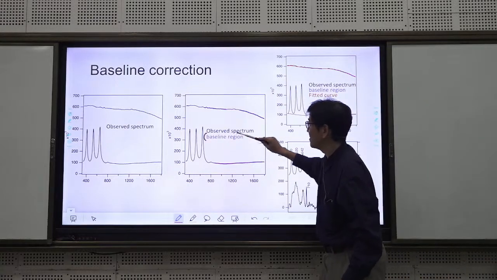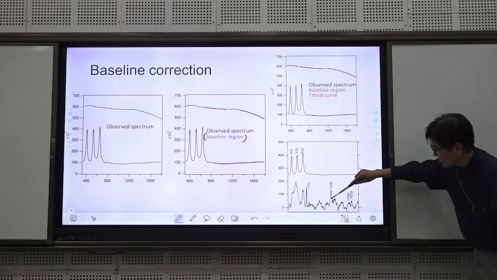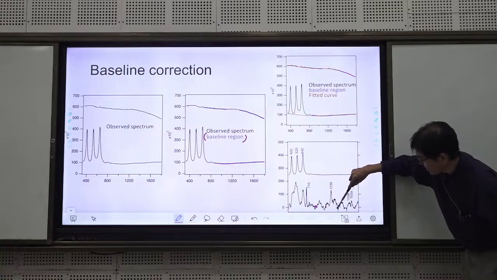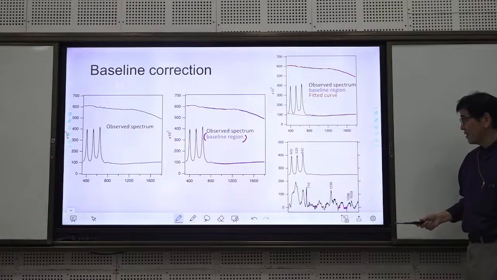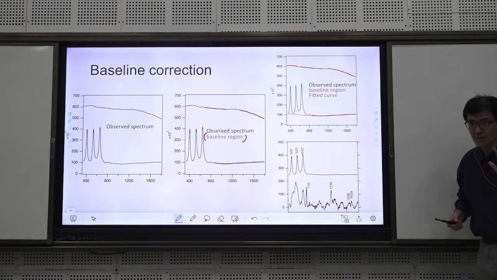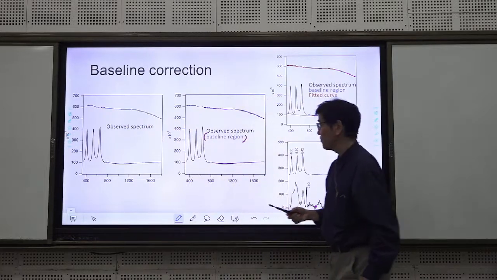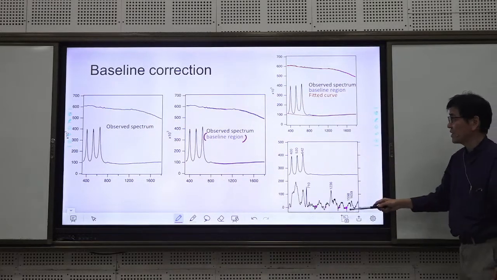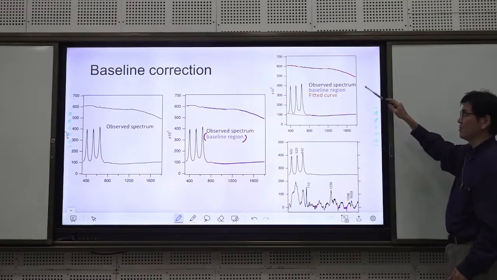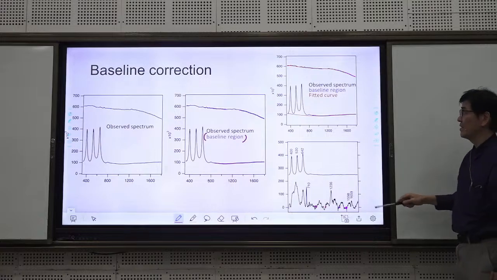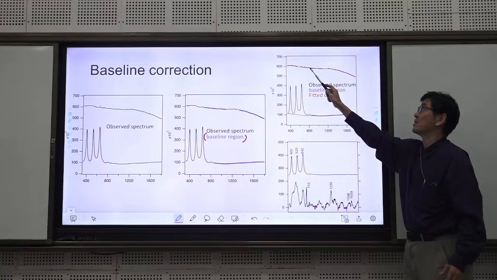I said this is a putative baseline. As a matter of fact, there is a negative peak, negative peak, negative peak. I'm not satisfied with this baseline. And the main problem is that I could not measure this result nicely. So that's why the baseline was somehow wavy and could not be subtracted by the polynomial fitting.